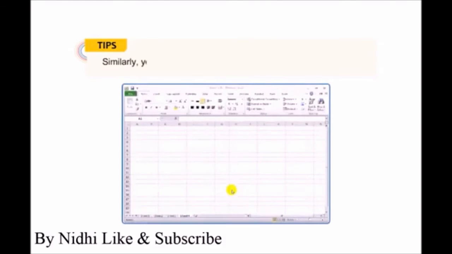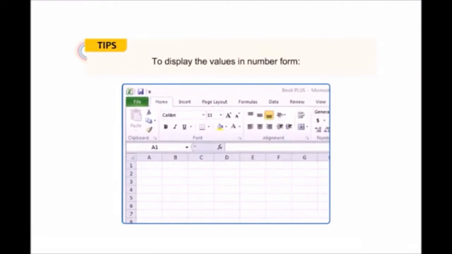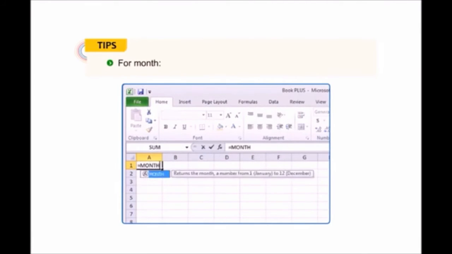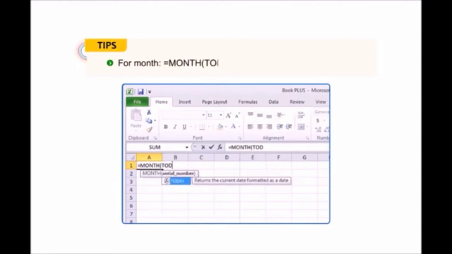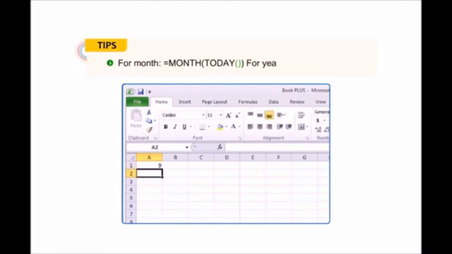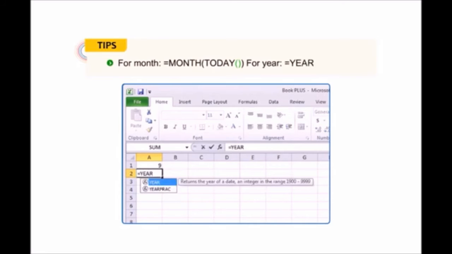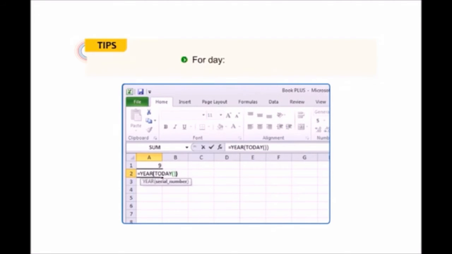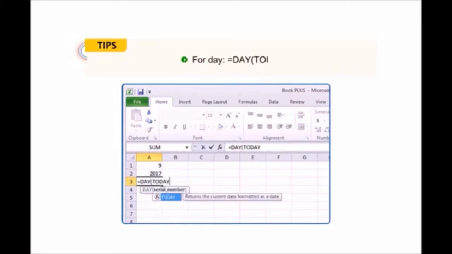Let me share with you some tips. Similarly, you can insert the current day, month and year in a cell. To display the values in number form, for month, =MONTH(TODAY()), for year, =YEAR(TODAY()), for day, =DAY(TODAY()).